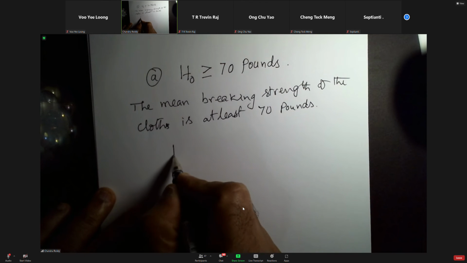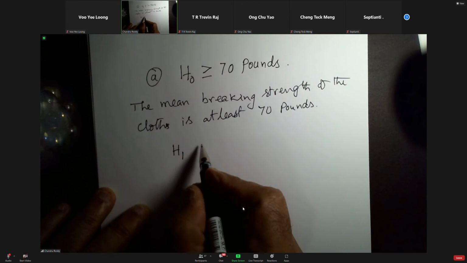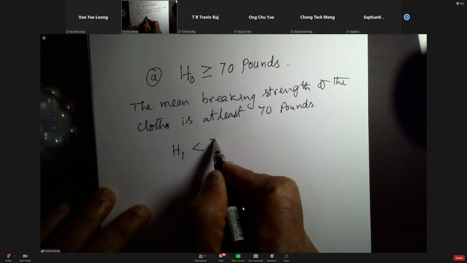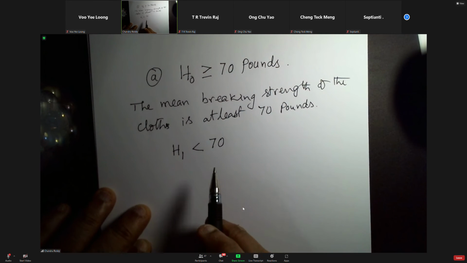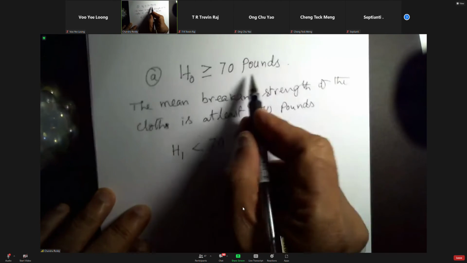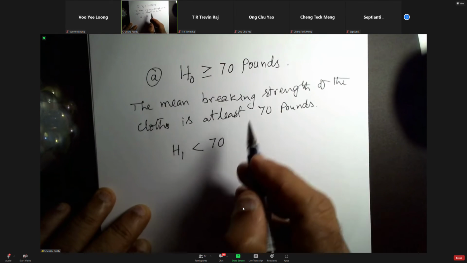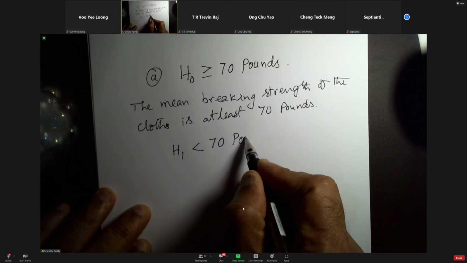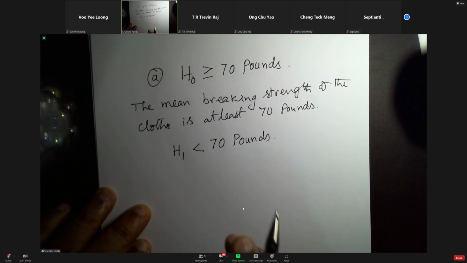So what is the alternate hypothesis? The alternate hypothesis is you want to test whether this is, okay, greater than or equal is the null hypothesis. So the alternate hypothesis is less than 70 pounds.